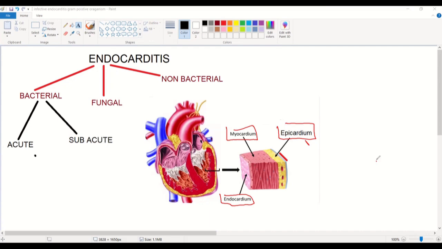This is again a high yield point. So these are the coronary vessels, right? So the coronary vessels are located below the epicardium.